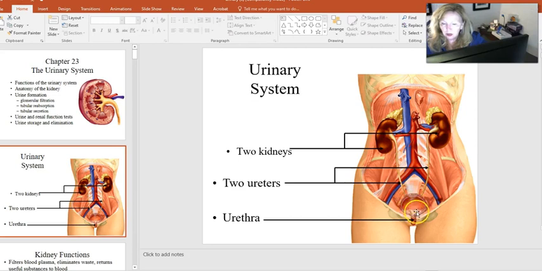The urine is going to be collecting in this urinary bladder, which is a muscular sac that is able to distend and hold urine between voids.